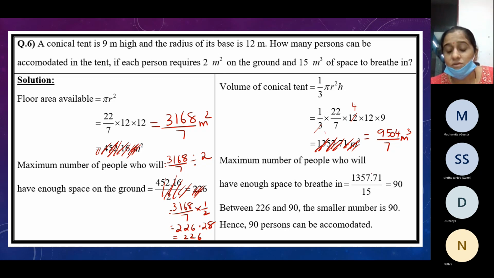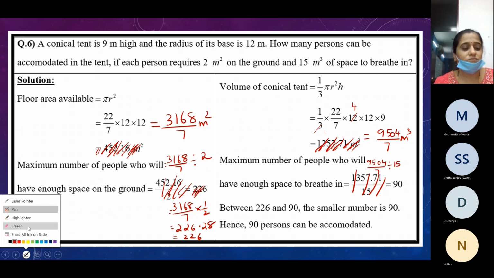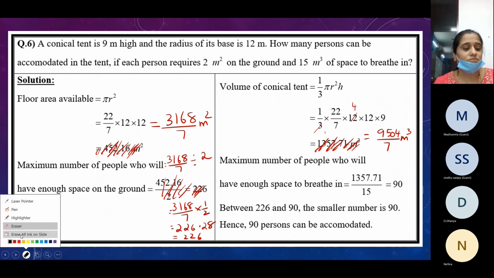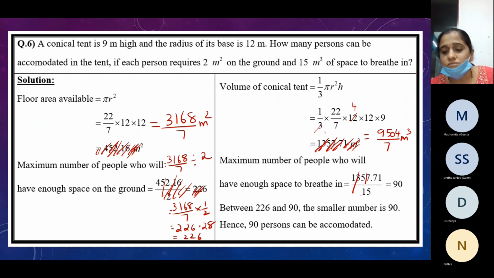So the maximum number of people who will have enough space to breathe will be 9504 by 7 divided by 15, which is 9504 by 7 into 1 by 15.